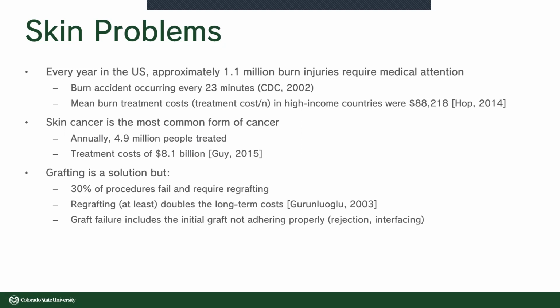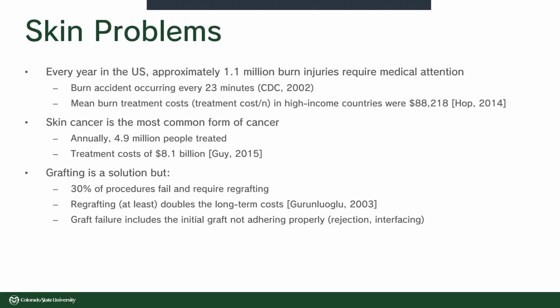So for both of these problems, grafting is a solution, and there's more problems, but we're going to focus on these for now. Grafting is a solution, but up to 30% of these grafting procedures fail and require regrafting. And when this happens, the cost at least doubles the long-term cost because we actually have to fix the damage. There might be infection, inflammation, or irritation. And the graft failure itself can be caused by the initial graft not adhering properly.